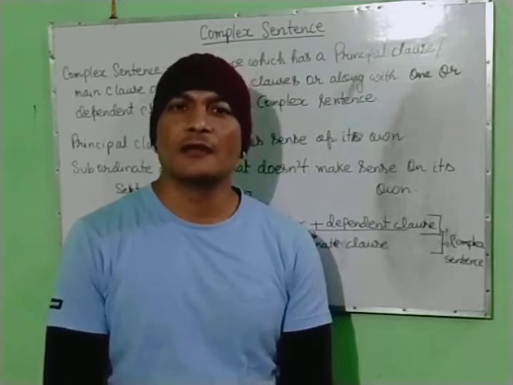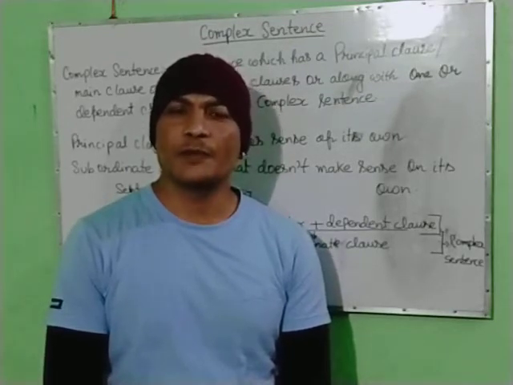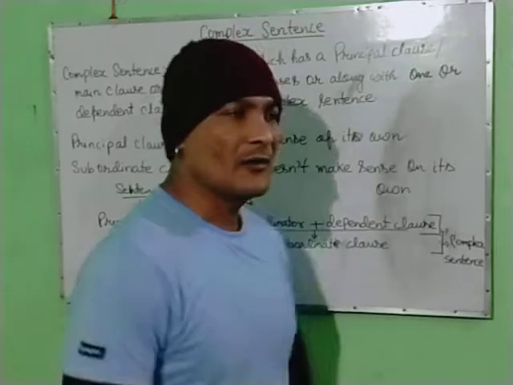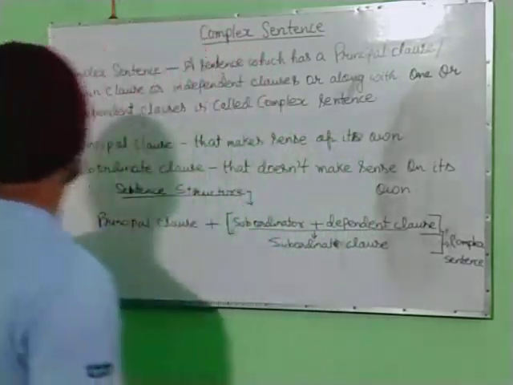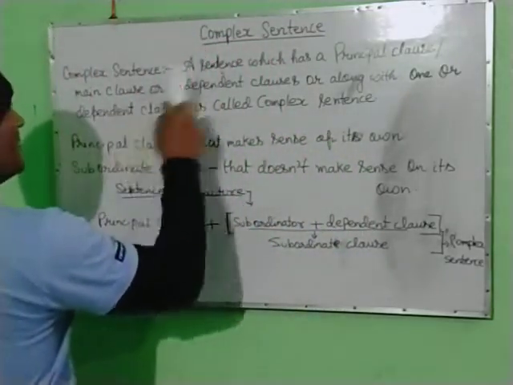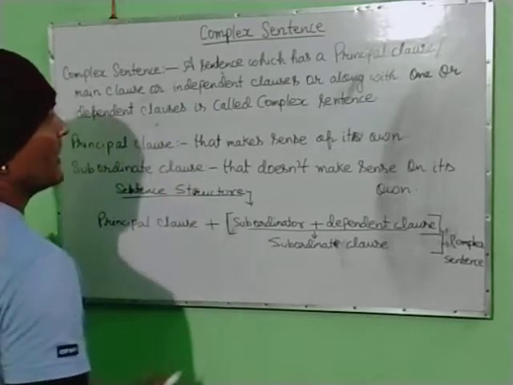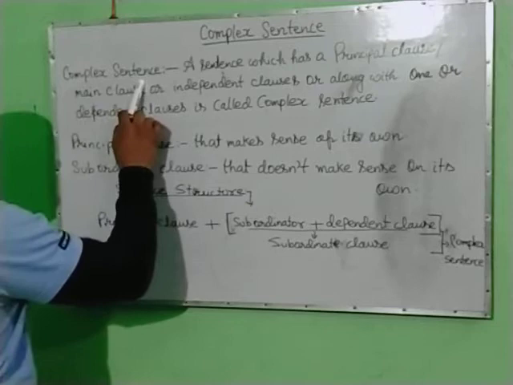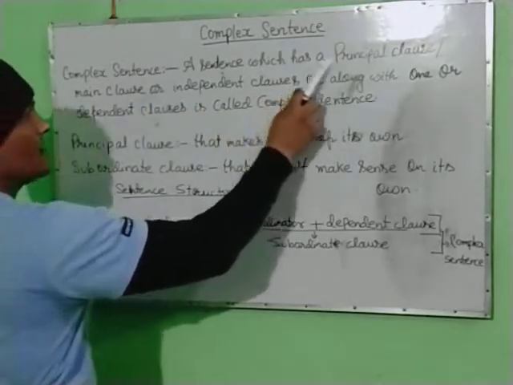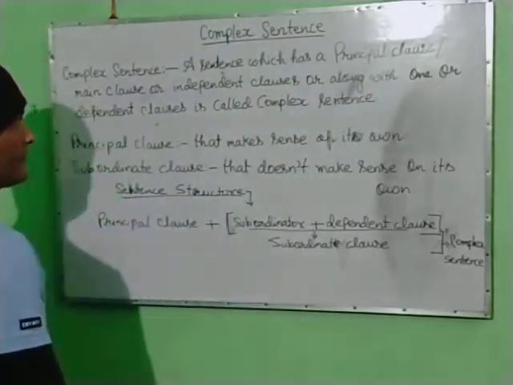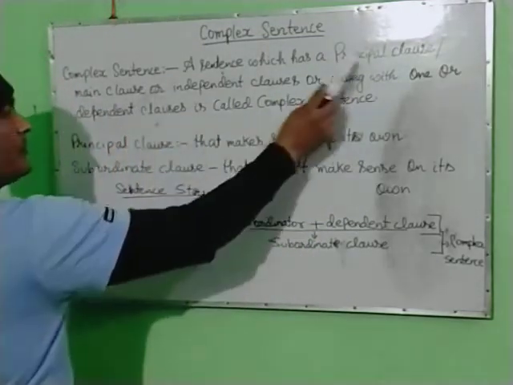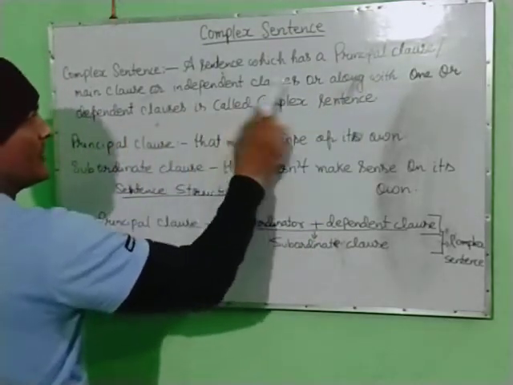And today we have the last topic, that is complex sentence. So let us begin. First we will understand what we mean by complex sentence. A complex sentence is a sentence which has a principal clause, main clause, or independent clause.